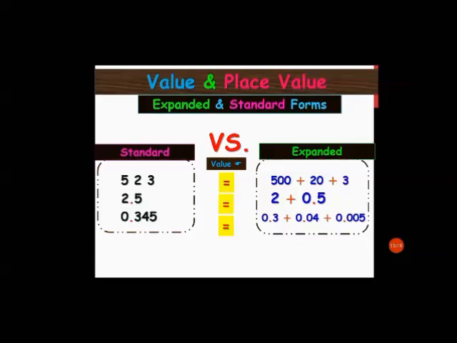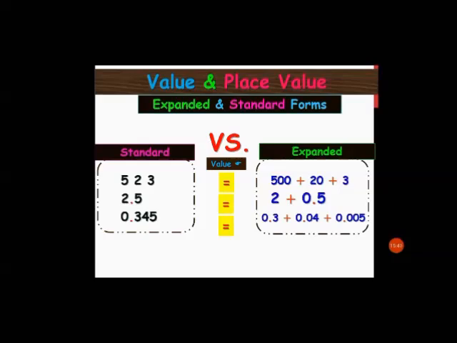So what do you notice of these expanded forms for these numbers? I noticed that in each number, we wrote the value of each digit. Referring back again to the 523, we wrote 500, the 5 with the 2 zeros. Then we wrote 2 with a 0 beside, which means 20. So this is the value of 2.